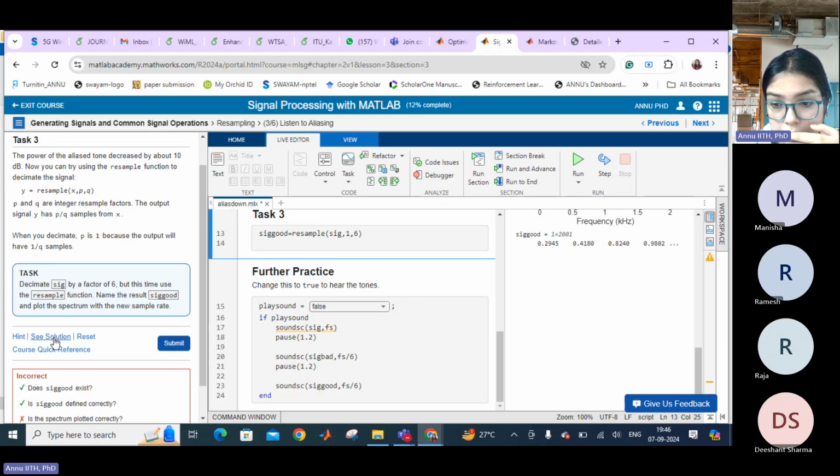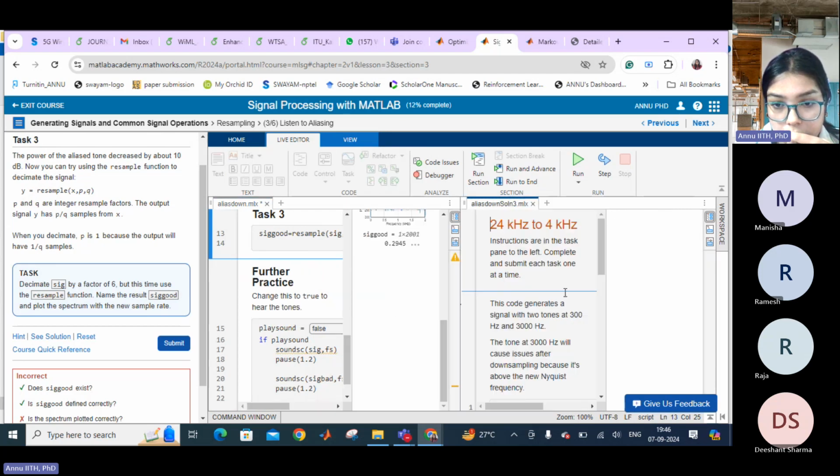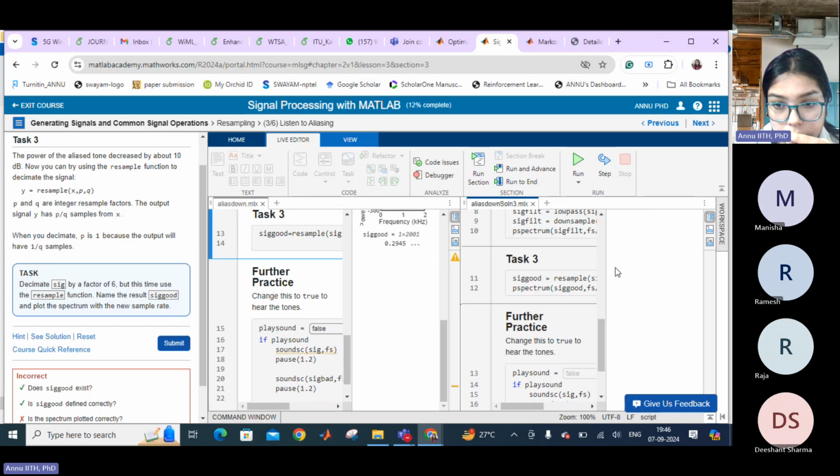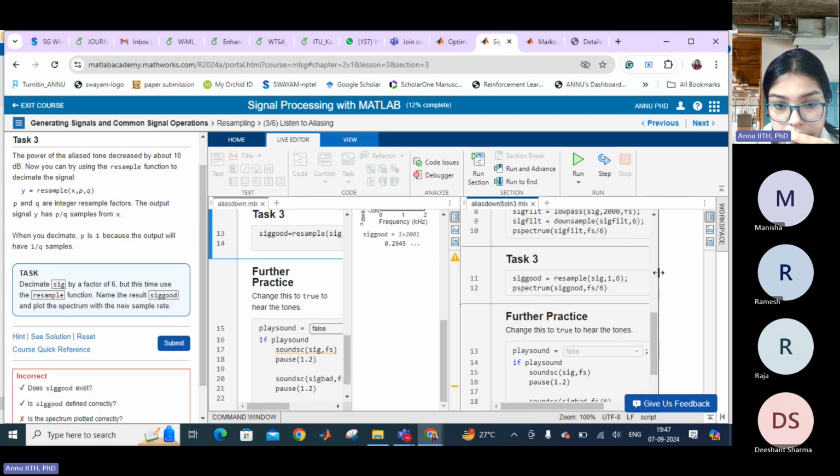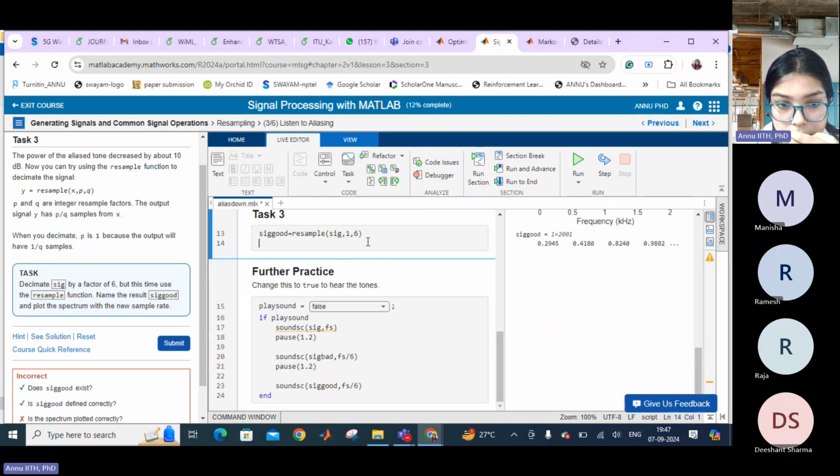Again, where am I making a mistake? sig_good resample 1 6. The sampling will happen 1 by 6, right? sig_good with fs by 6, and plot the spectrum.